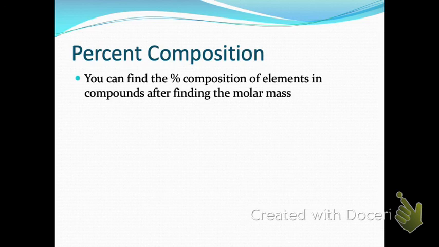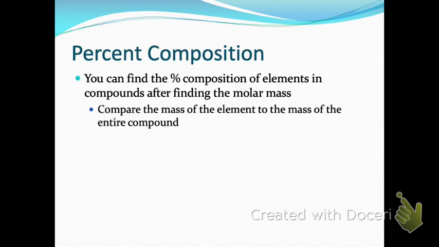What a percent composition is, at its most basic form, is a comparison of the individual elements to the compound itself. Think about when you take the percentage you've got on your test, right? You compare the number you got right to the number you should have got right? And that gives you the percentage you got on the test. We're doing the same thing here.